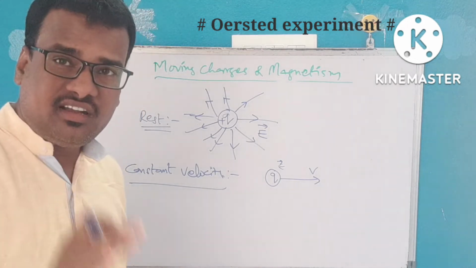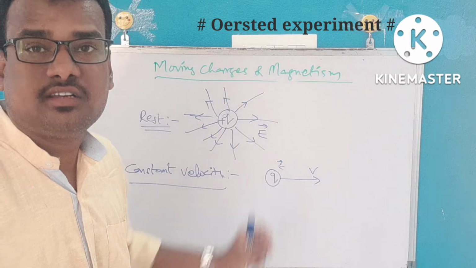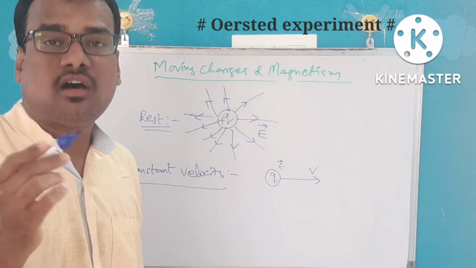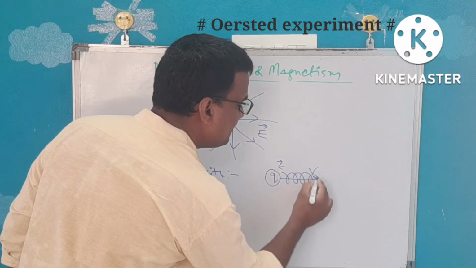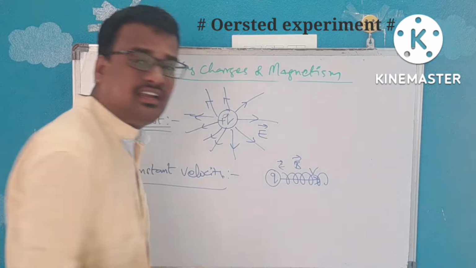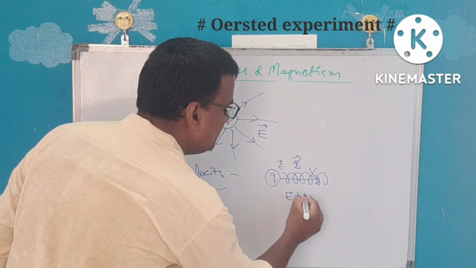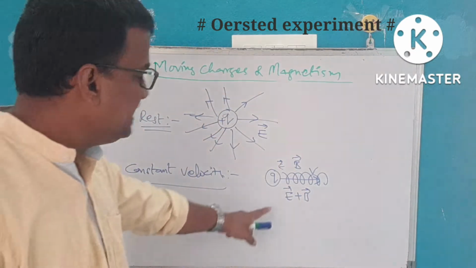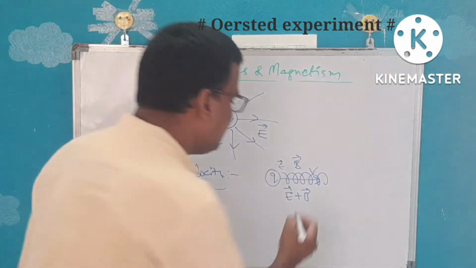In addition, if the charged particle has constant velocity, a magnetic field is also generated. So here E and B both are generated. E means electric field, and B denotes the magnetic field.